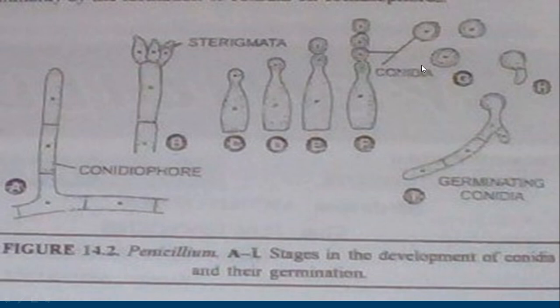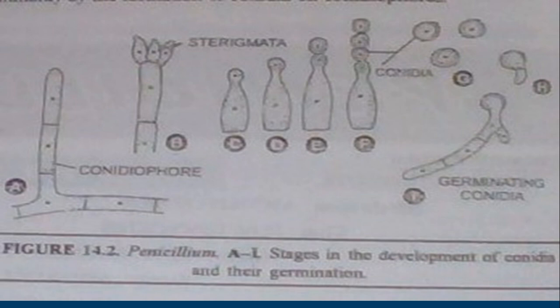After their formation, these conidia are disseminated by wind and they germinate on a suitable substratum if they get favorable conditions, that is, favorable warm temperature and moist conditions.